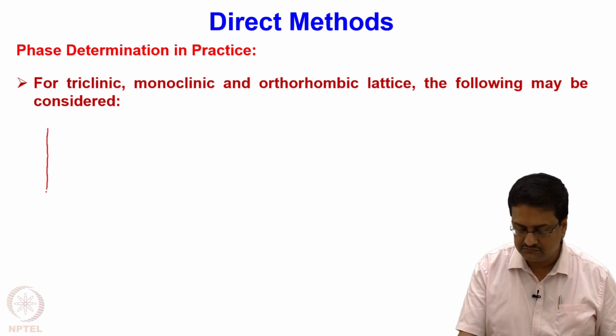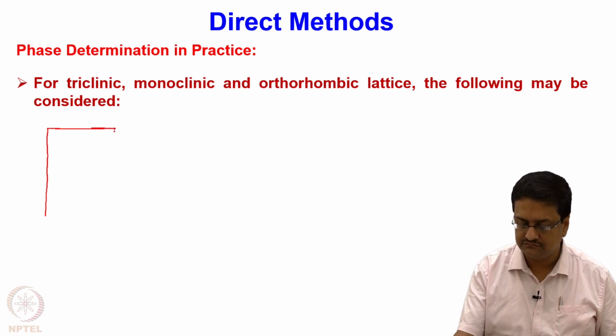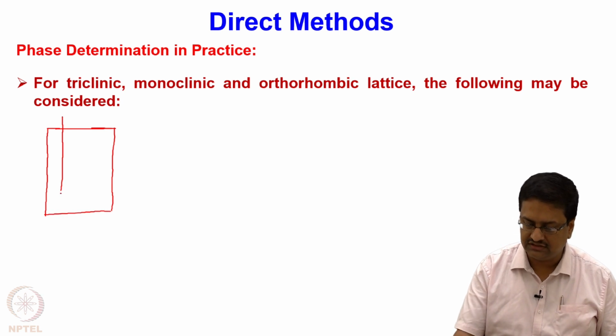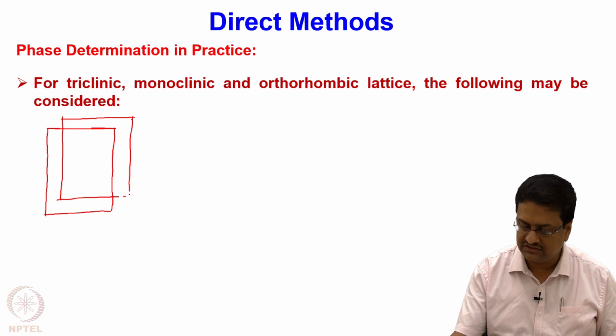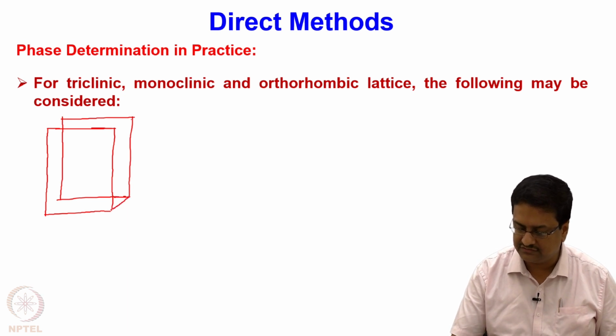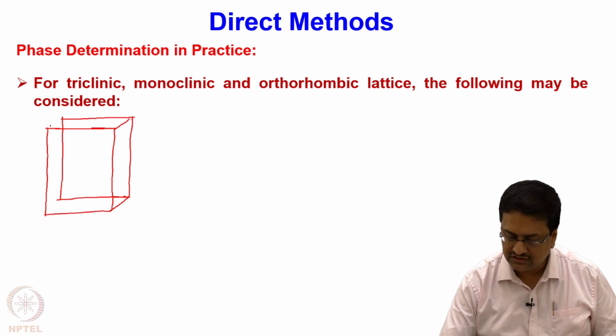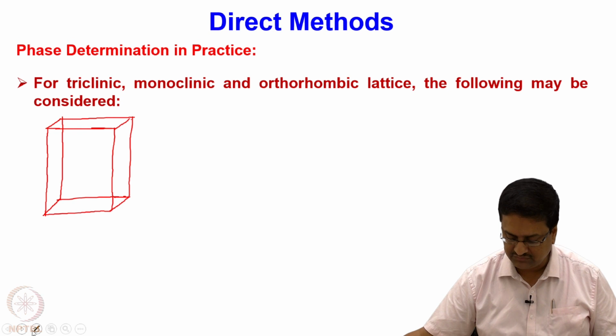If we draw an orthorhombic lattice, which I am trying to draw here, we know that there are several inversion centers possible in the case of a centrosymmetric orthorhombic lattice. So we need to identify those points with a certain number.